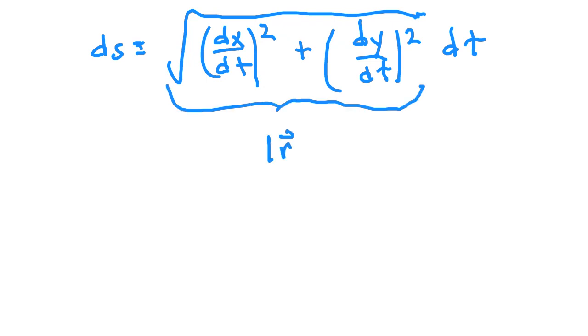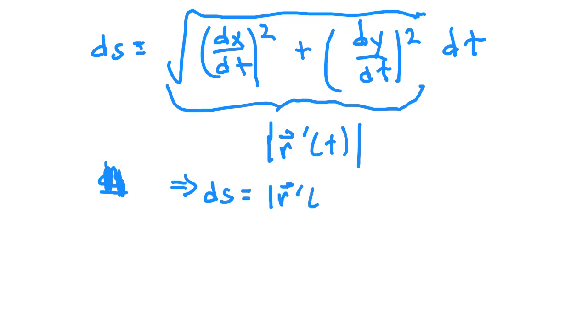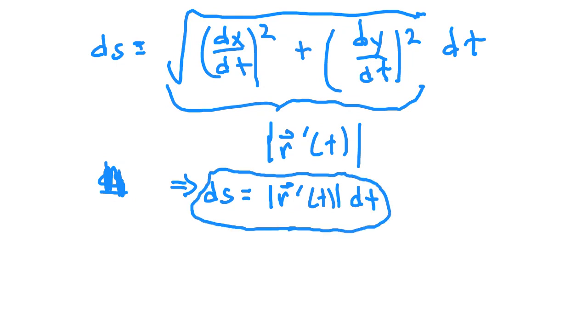It is the length of the derivative vector of r of t. And therefore, ds can be replaced with the length of r prime of t, the length of that derivative vector, dt, and that's what they're doing in that portion of the book that we looked at.